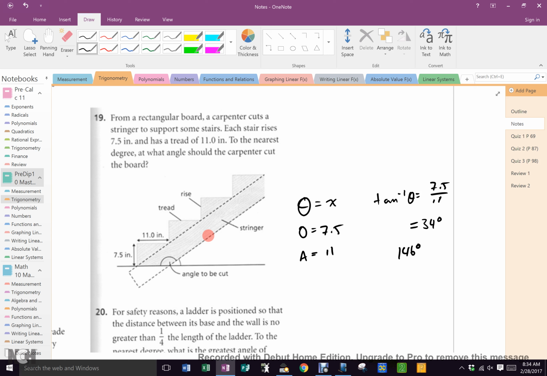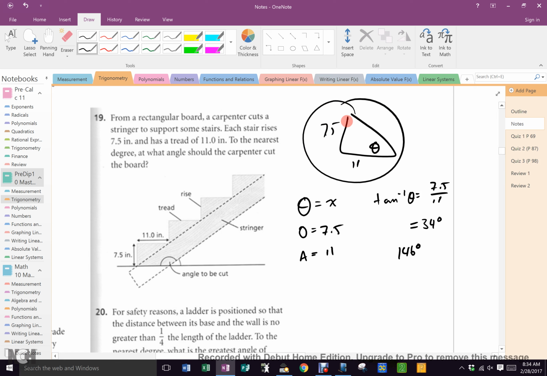If I give you this, 7.5, 11, and tell you to find me theta, great. That gets you really far where? Where in the world does that skill actually help you? Here. In this room. Anywhere else? No.